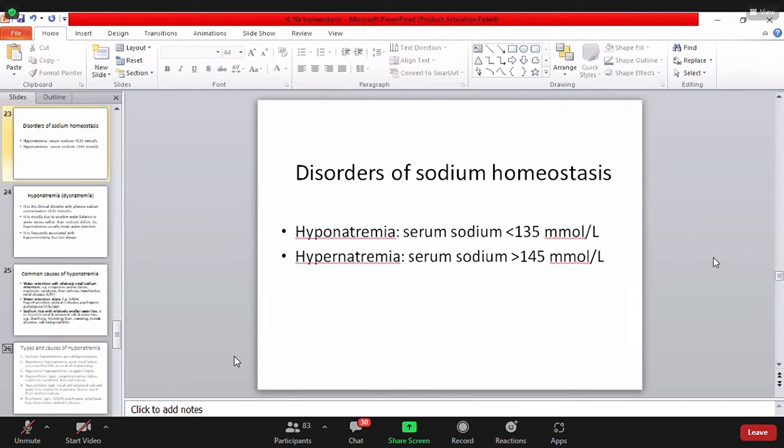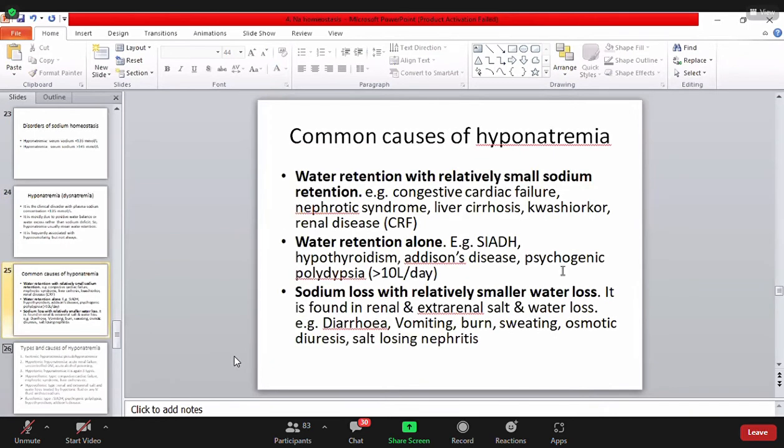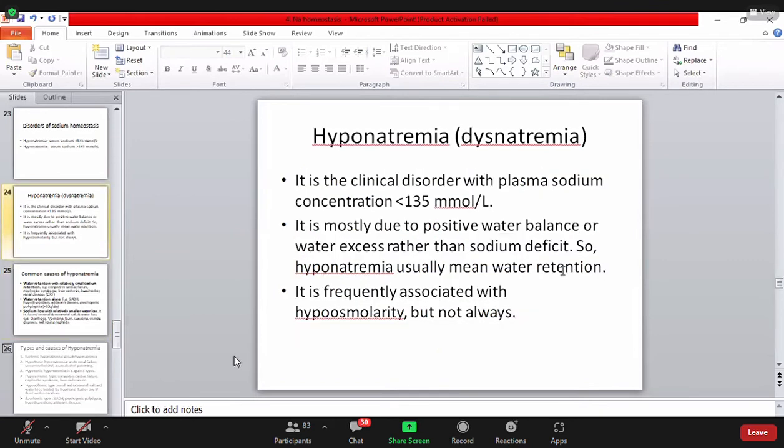So hyponatremia is when it is less than 135 millimole per liter, and hypernatremia is when it is more than 145 millimole per liter. You have to know the common causes and clinical consequences of these two disorders. Hyponatremia mainly occurs due to water excess or water retention, and hypernatremia mainly occurs due to a water deficit condition.